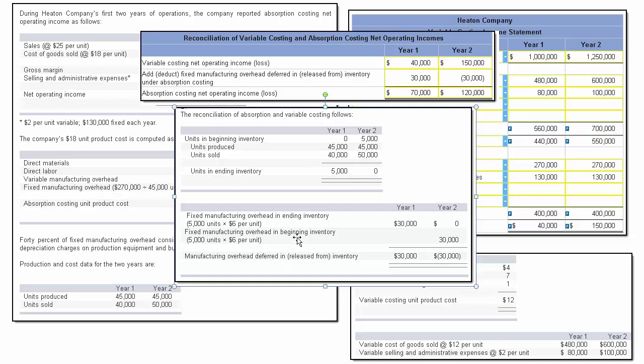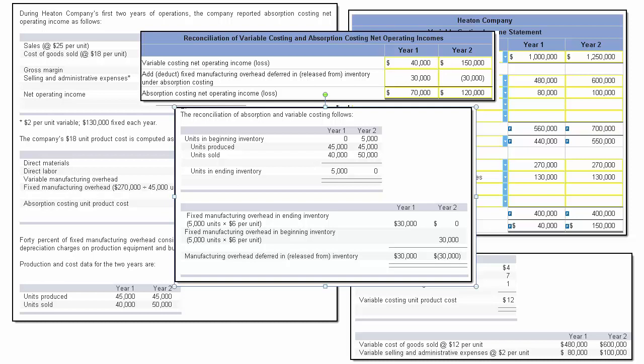So what essentially we're doing is we're recognizing the timing of the fixed manufacturing overhead in ending inventory and beginning inventory differently under variable versus absorption costing. So 5,000 times the $6 fixed manufacturing overhead per unit, with the 5,000 swing in units, winds up with a 30,000 adjustment one direction in year one, and then it swings in the other direction in year two.